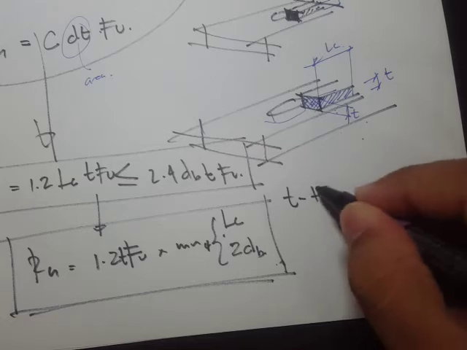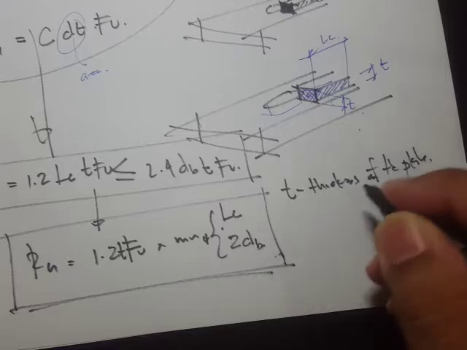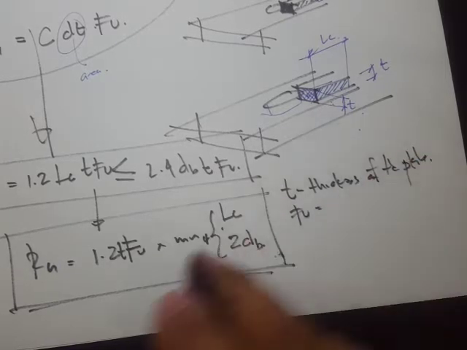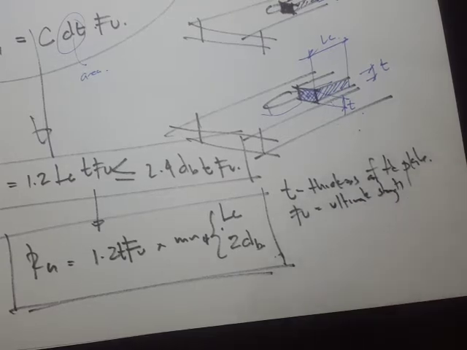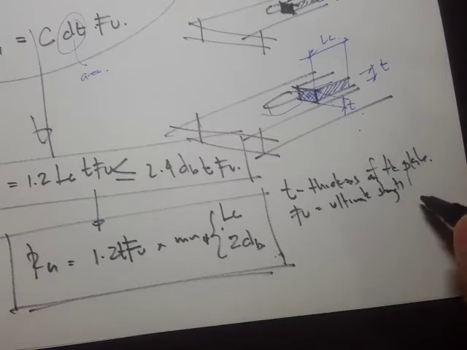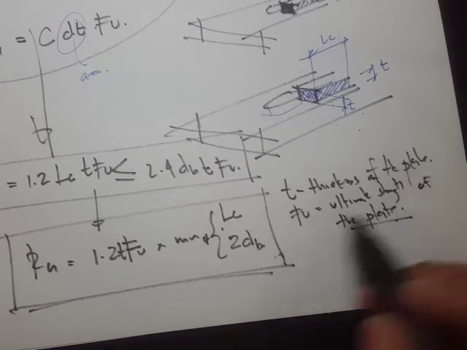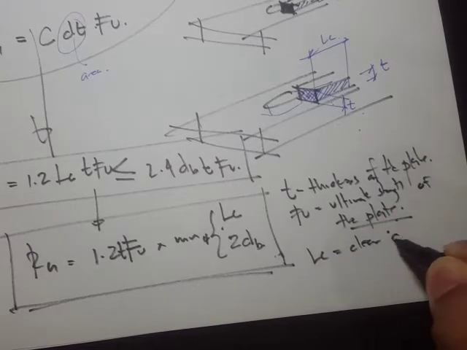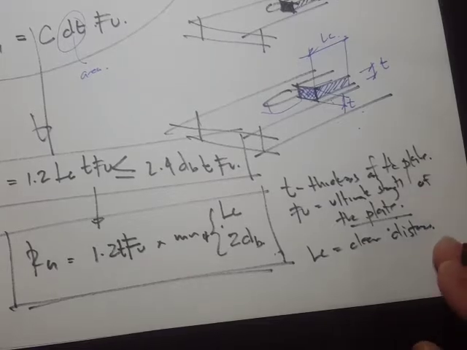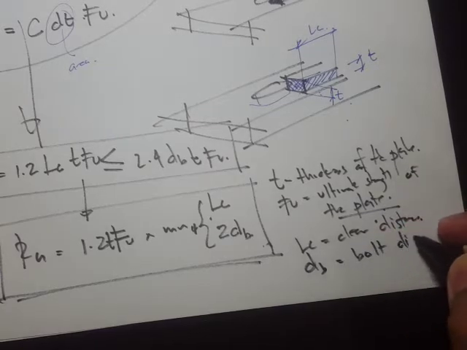D is the thickness of the plate, and that's in mm, and Fu is the ultimate strength. And of course that's going to be the ultimate strength of the plate, not the bolt. So take note, that refers to the plate. And LC is the clear distance, and this dB is what we call the bolt diameter.